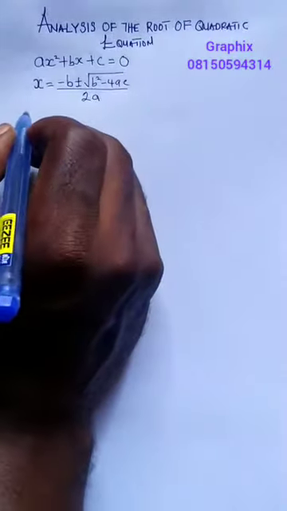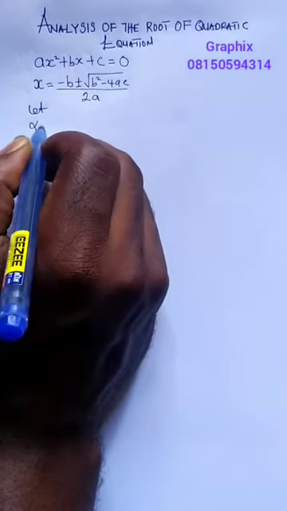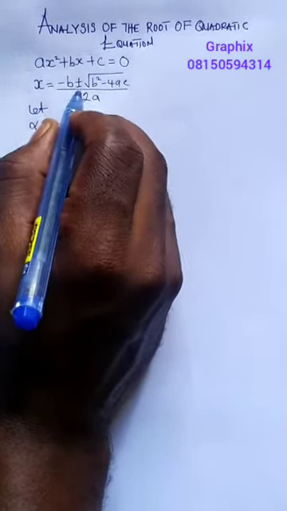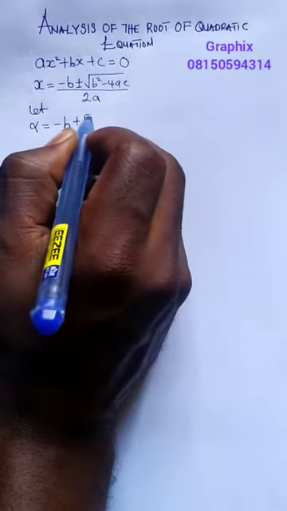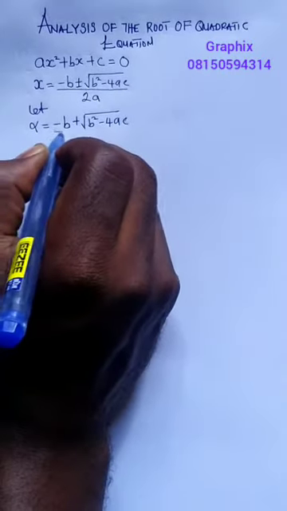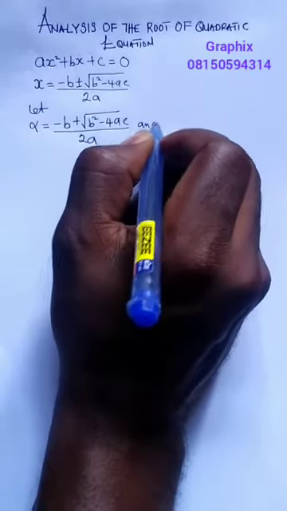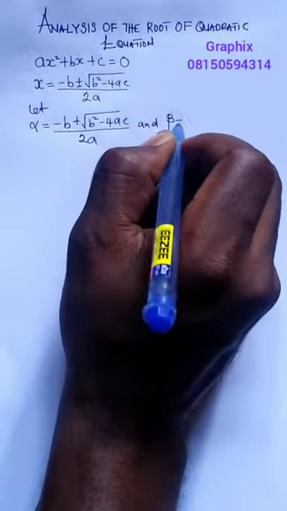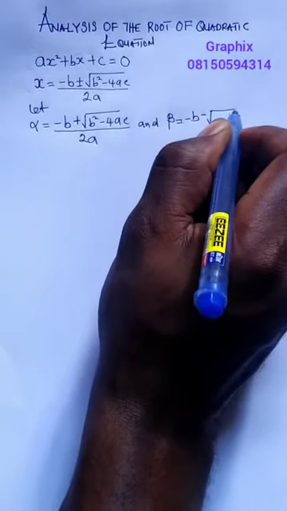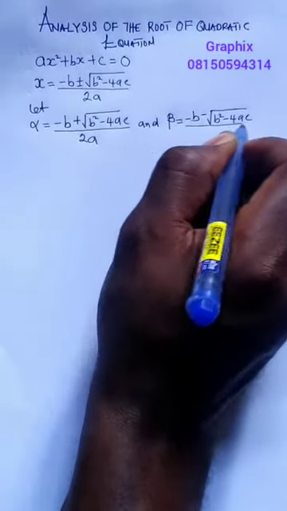So you say, let alpha be equal to minus b plus the square root of b squared minus 4ac over 2a, and beta be equal to minus b minus the square root of b squared minus 4ac all over 2a.